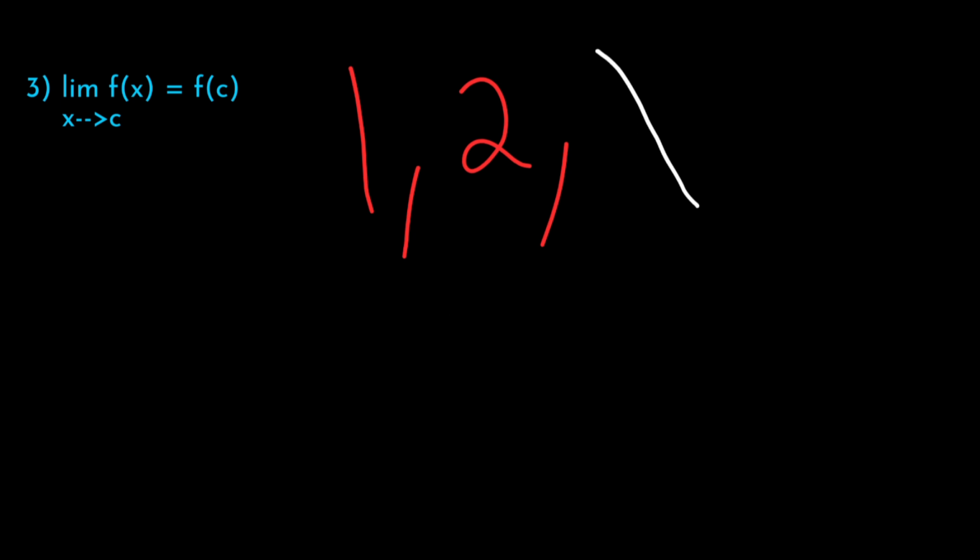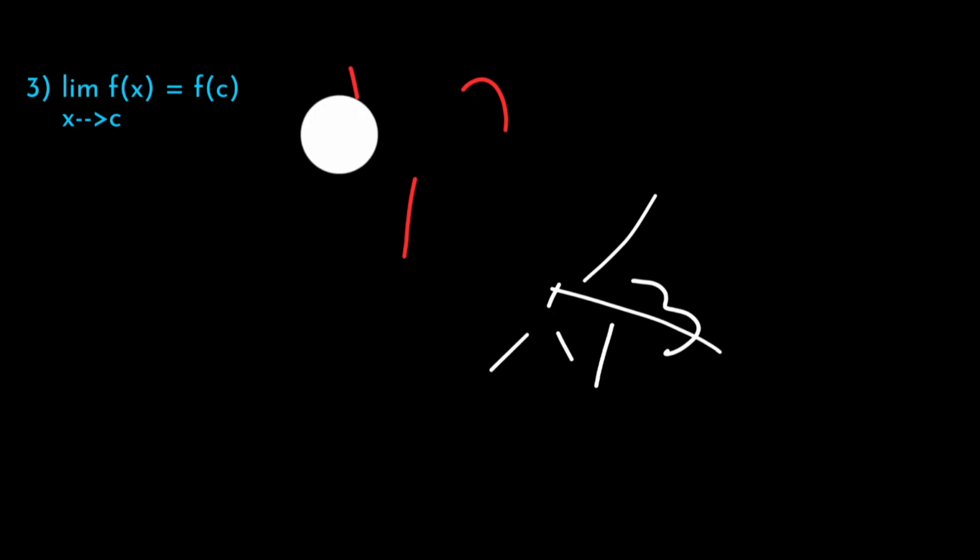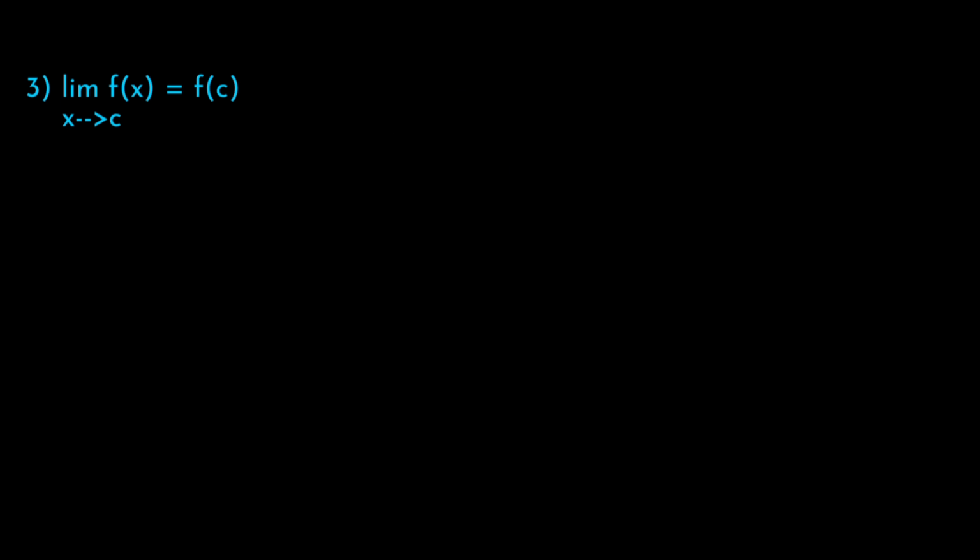Same thing with the first. If it doesn't pass all three, it's not continuous. You may be wondering, can I pass one, fail two, but pass three? No, it's sequential.